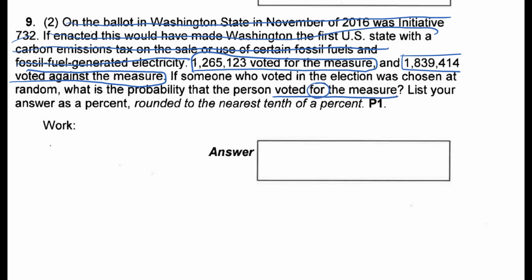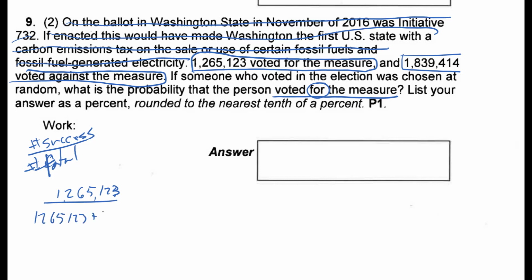Okay, so for the measure, that's number success over number total. The number of successful was 1,265,123, and the number total would be 1,265,123 plus 1,839,414.